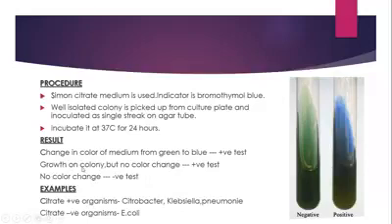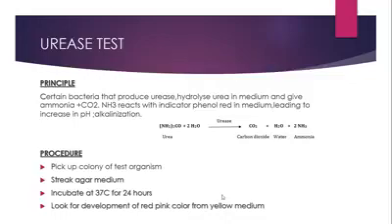And if you see growth of the colony but there is no color change, that can also be taken as a positive test. Examples of citrate positive organisms include Citrobacter, Klebsiella and Pneumoniae, while for citrate negative organisms we have E. coli.